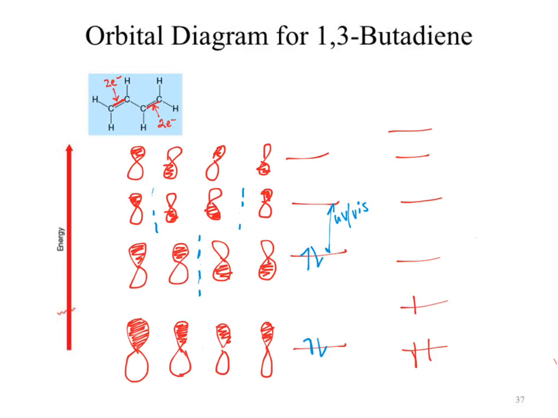With our 6 pi electrons, we'll jump from our HOMO to our LUMO, and what ends up happening to that gap? It gets smaller. Which means what happens to the wavelength of light? It gets longer, because I'm getting a smaller difference in energy, which means I get a signal in my UV-vis further to the right. Okay?